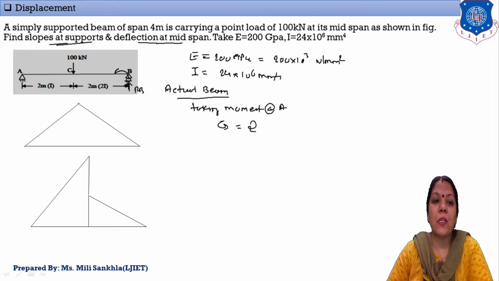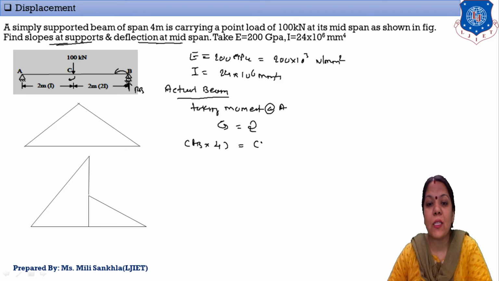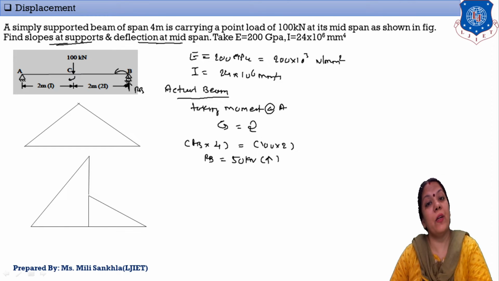This support reaction is rotated anti-clockwise, so RB into distance AB equal to 4 meter. Then this load is rotated clockwise, so on the clockwise side, 100 into 2. Now my support reaction RB is equal to 50 kilonewton, and that is plus, in the upward direction.